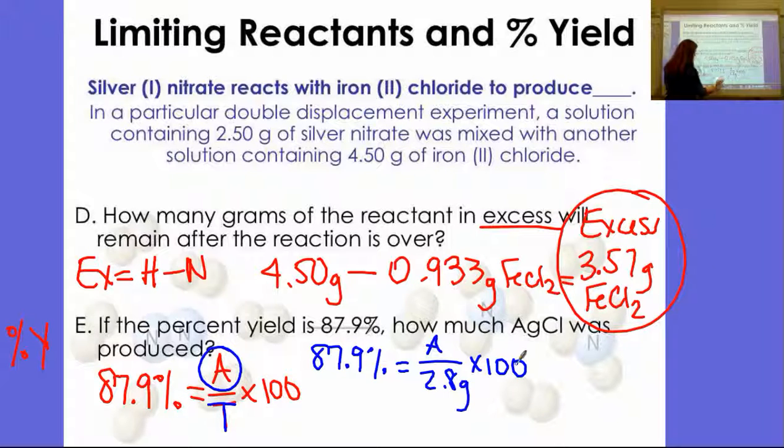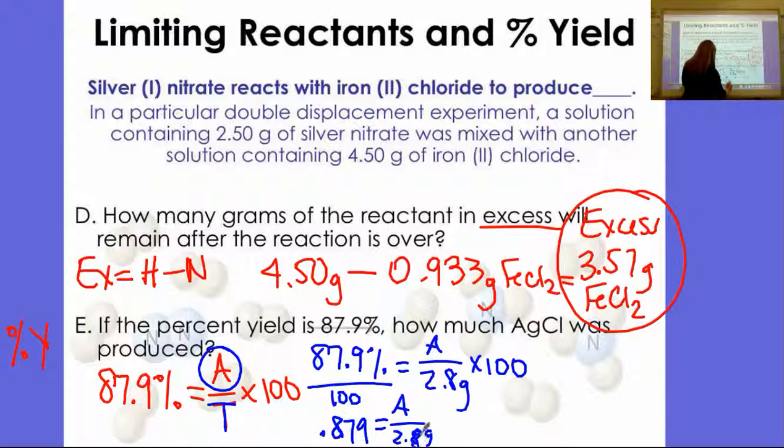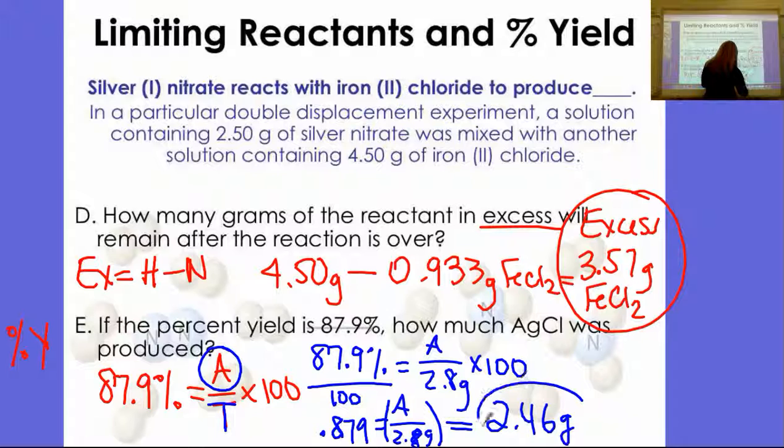If you rearrange this algebra, divide both sides by 100, you get 0.879 equals A over 2.8 grams. 2.8 times 0.879 would get rid of this as my denominator, and my actual yield is 2.46 grams of AgCl.